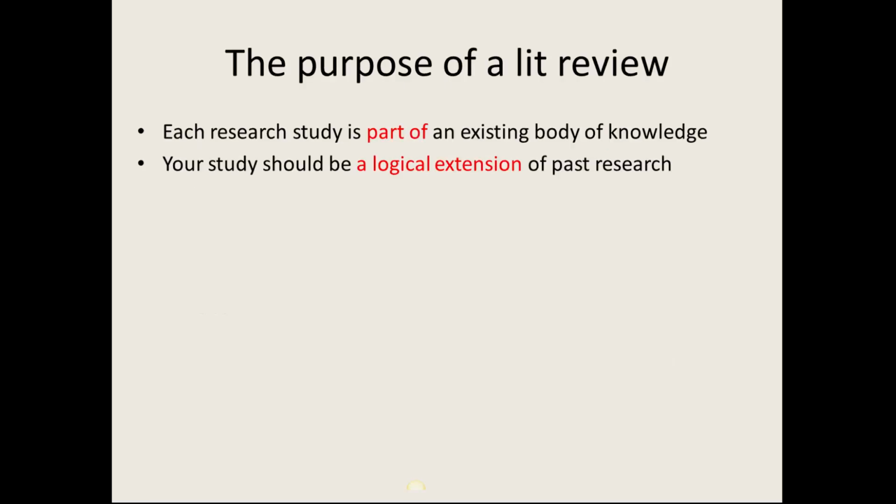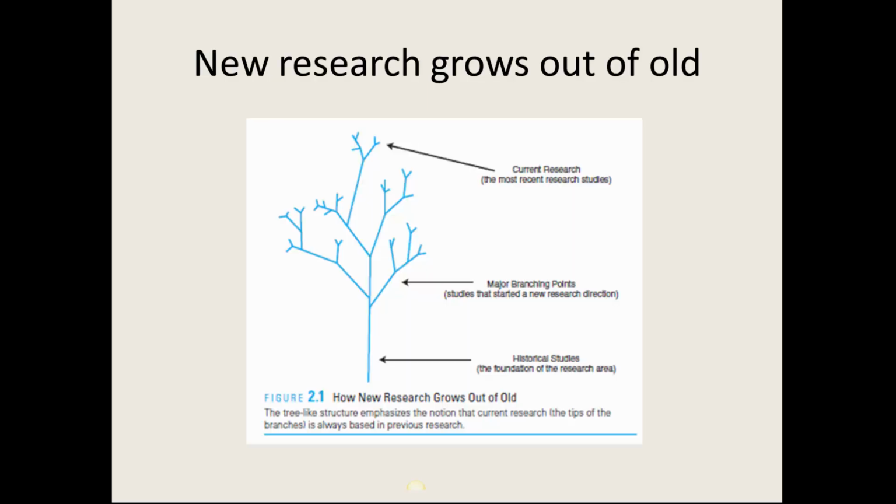They should know that the purpose of a literature review is to show that your research is a part of an existing body of knowledge and that your study should be a logical extension of past research. What does it mean? It means like a family tree that you start with the early ancestors, and the same thing you do in the literature review.